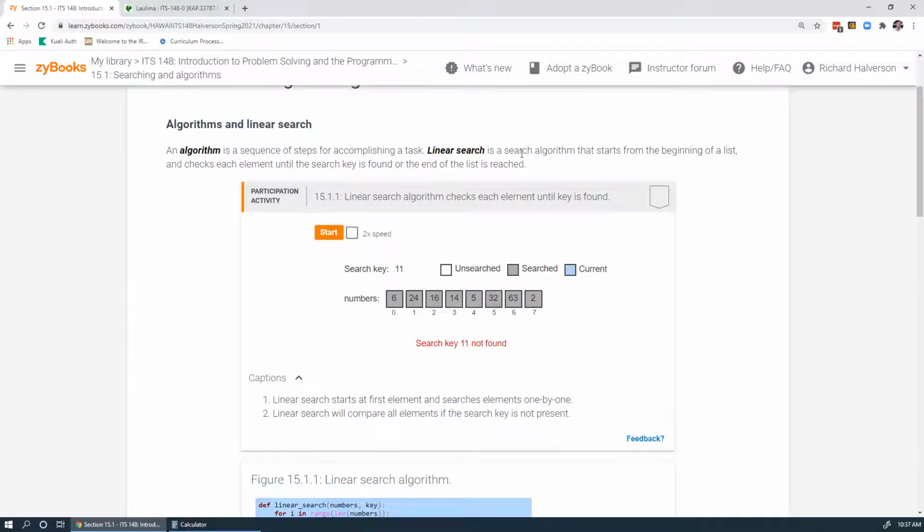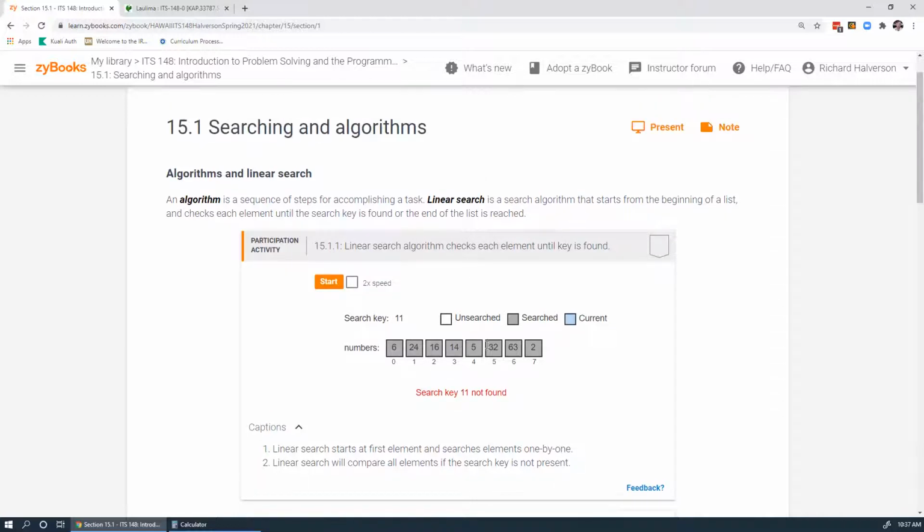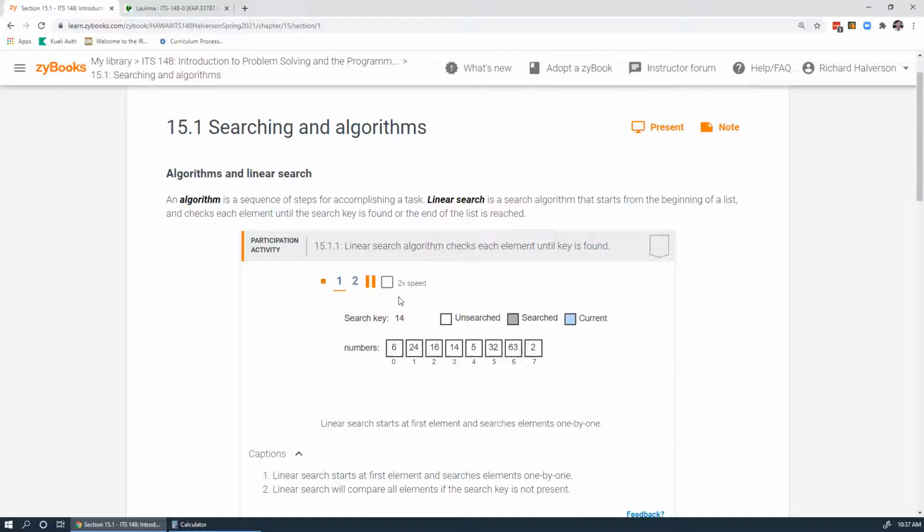You know that the task is to locate if a particular item is in a list. For linear search, the algorithm is just to go through the list and look at every item until you either find it or you get to the end of the list and you didn't find it.